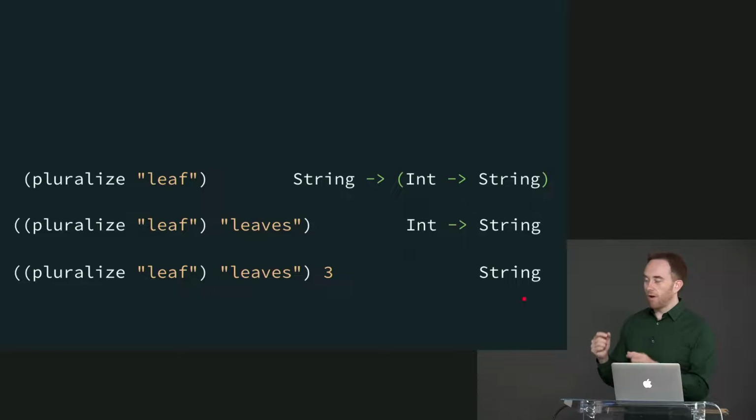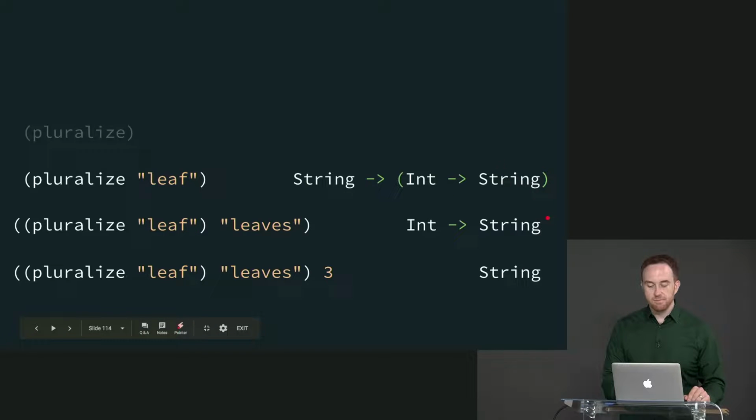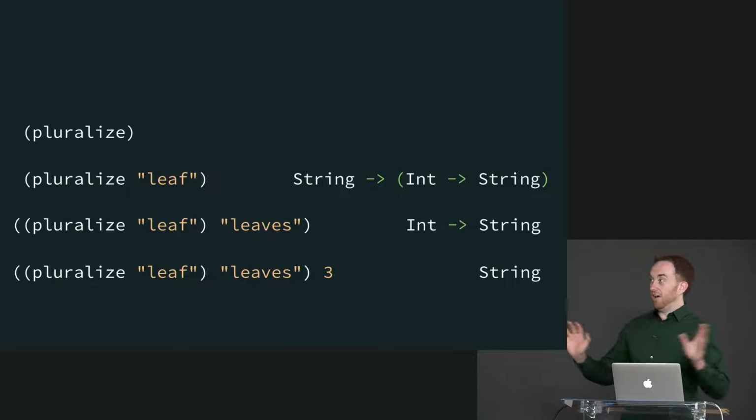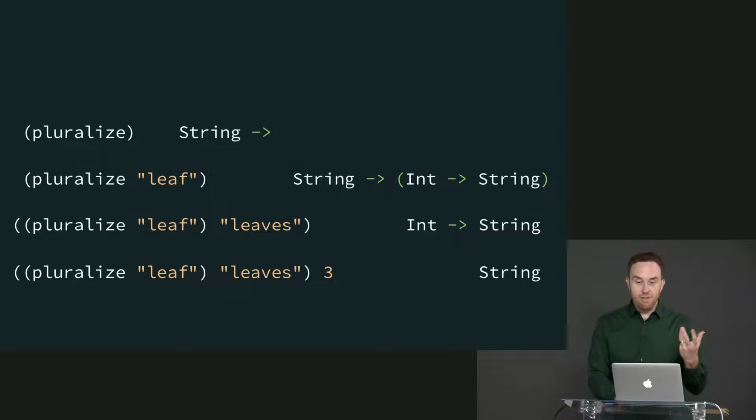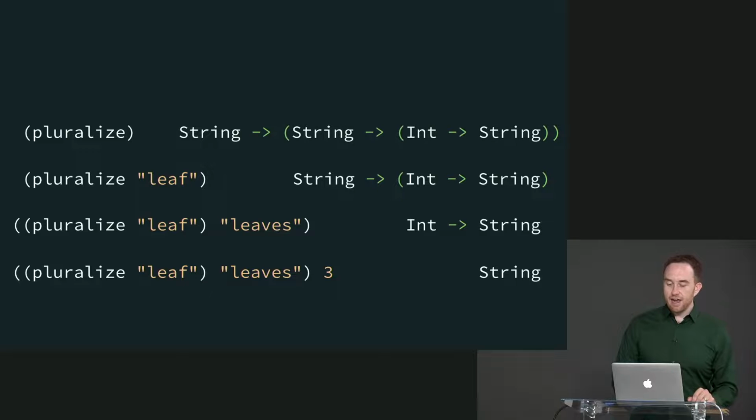Each time we partially apply it one more, if we give it one more argument, it gives us back sort of the next thing in the triangle here. Let's take that one step further and not even partially apply it at all. Let's just give it 0 arguments. Well, to continue the pattern, now we're like, okay, well, give me that very first string, and I will give you back the next thing, which is to say a function that takes a string and returns a function that takes an int and returns a string.